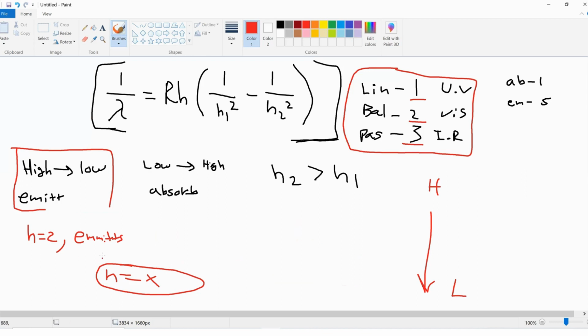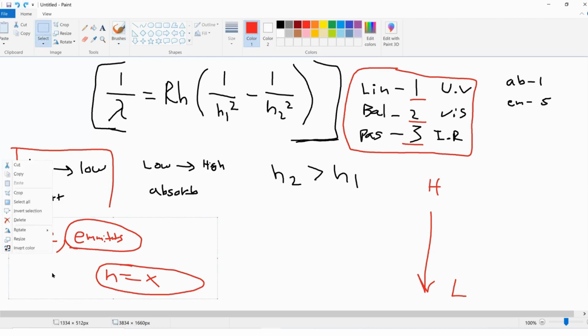The key to this is when it says emit, that tells you you're going from high to low. And especially with these series, they always put either the 2, the 1, or the 3 here most of the time. And that's fine, but don't memorize that formula, because here's when it changes.